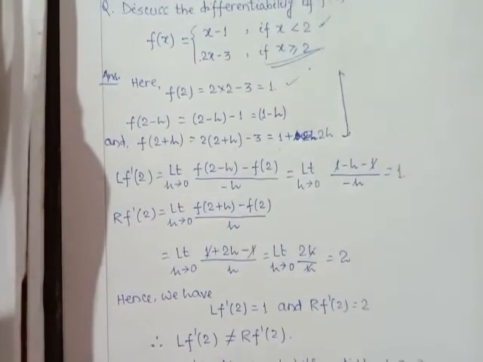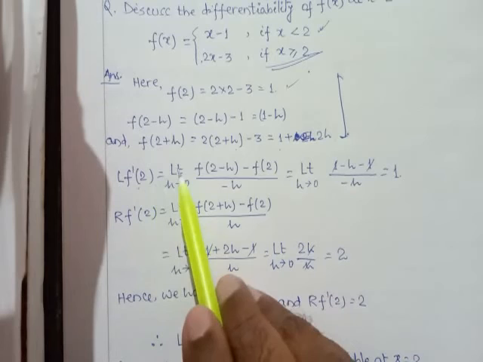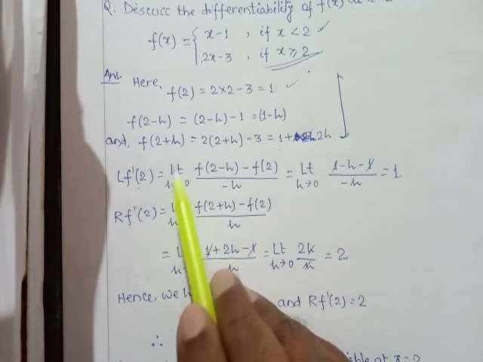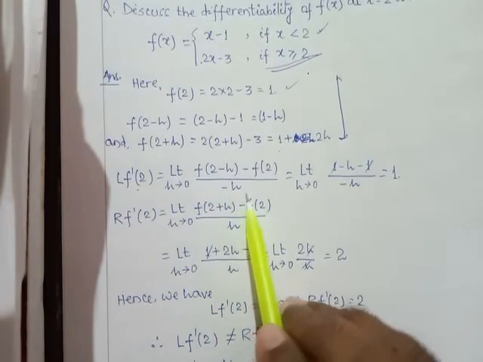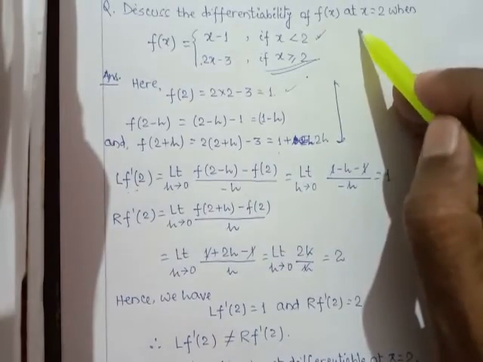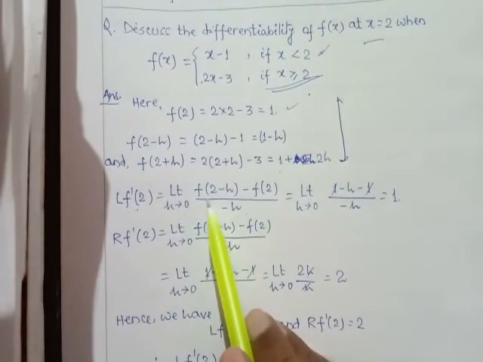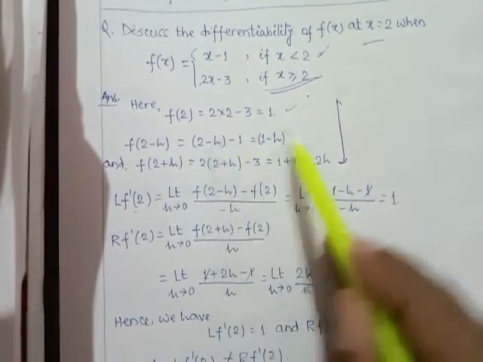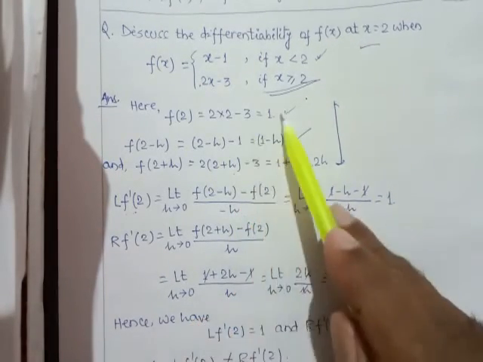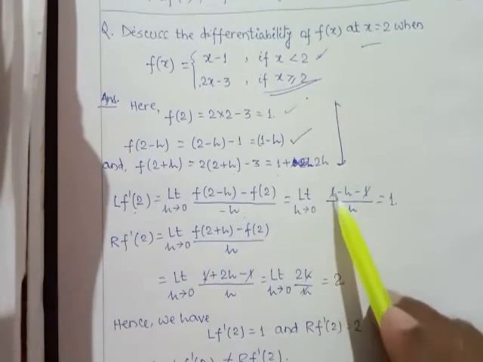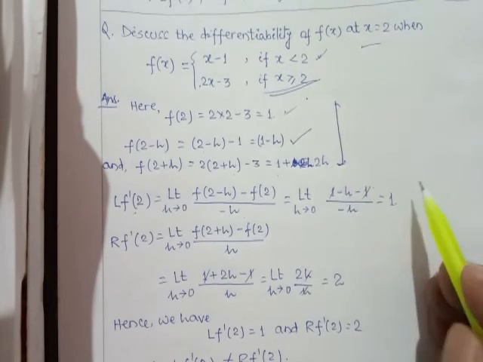Now the left hand derivative. See the formula, limit h tending to 0, f(2 minus h) minus f(2) upon minus h, because we have to test the differentiability at x equal to 2. Write down their values. f(2 minus h) is 1 minus h and minus f(2) is minus 1, upon minus h. 1 and 1 cancel, minus h upon minus h is also 1, so the result is 1.